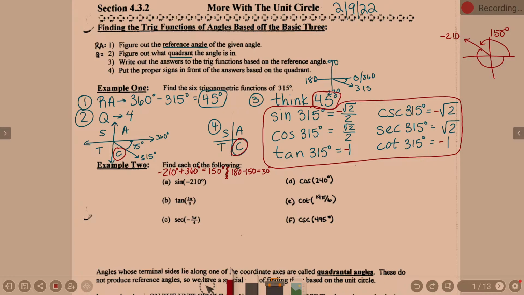If you were a -210 person, well, how far is 210 from 180? 30 degrees. So what we're trying to find is the sine of 30 degrees, but in what quadrant? Quadrant 2.